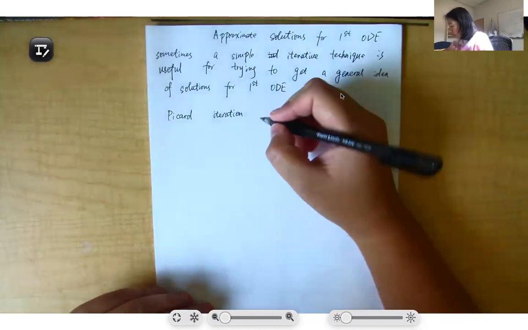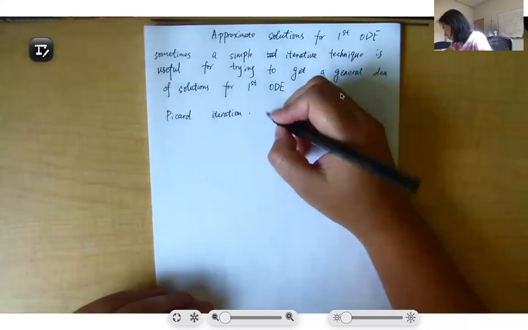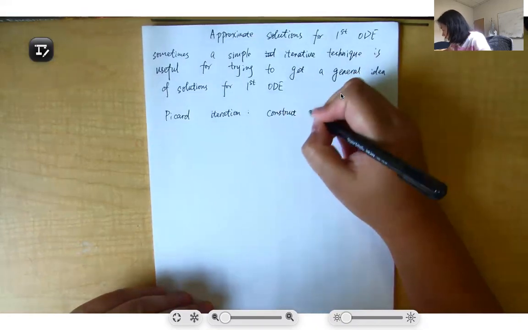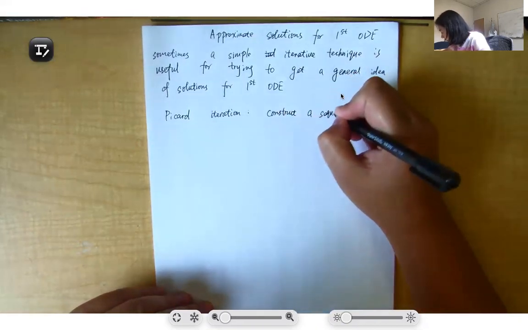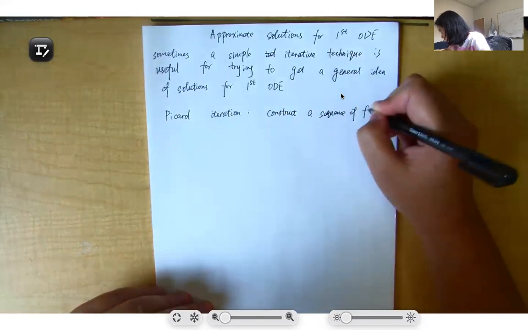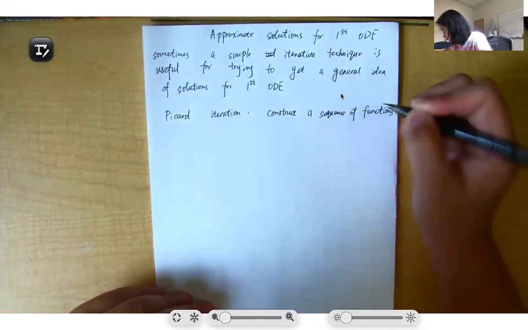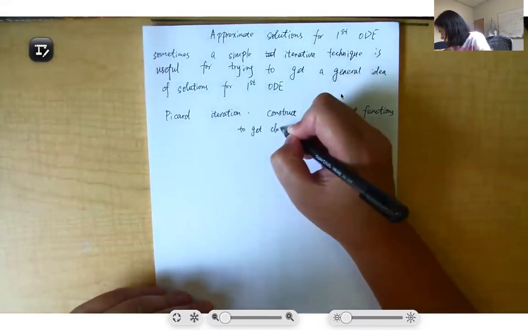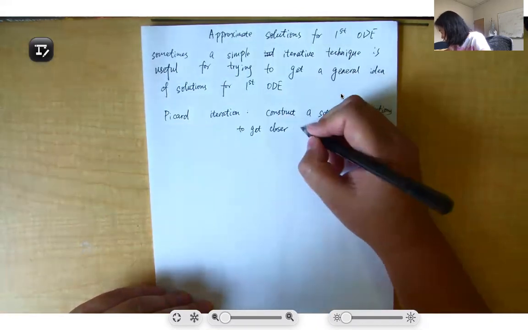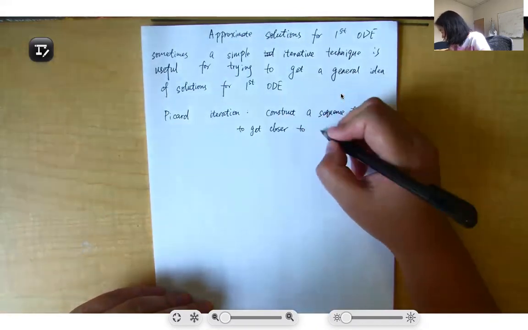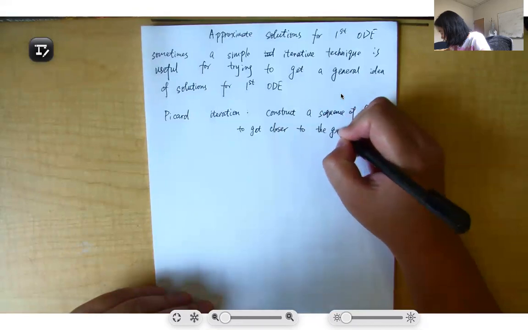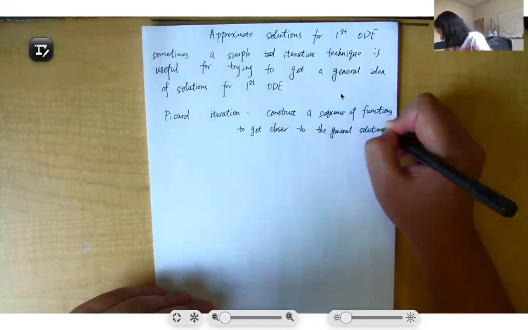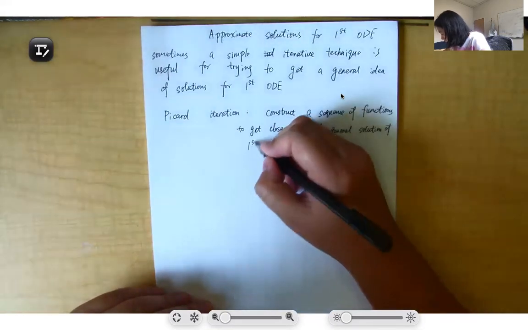So the scheme of the Picard iteration is to construct a sequence of functions to get closer to the general solution of the first order ODE.